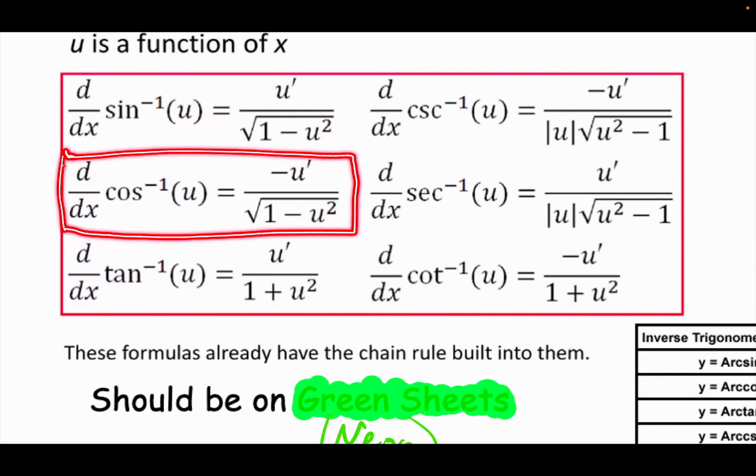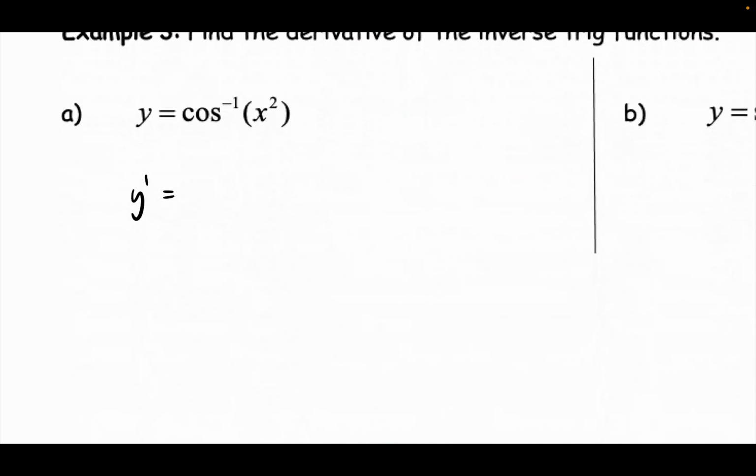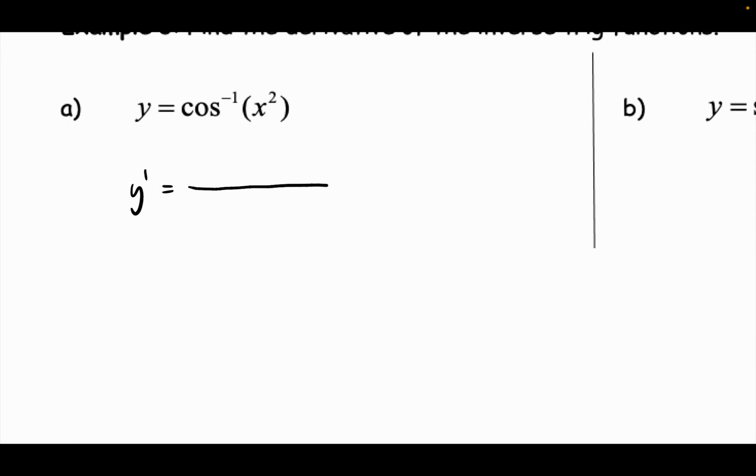It says, if you have one of these guys, use the stuff in parentheses. The first thing you're going to do is take negative the derivative of the stuff. So it's really a -1, times the derivative of the stuff. Well, the stuff is x squared, so the derivative is 2x.